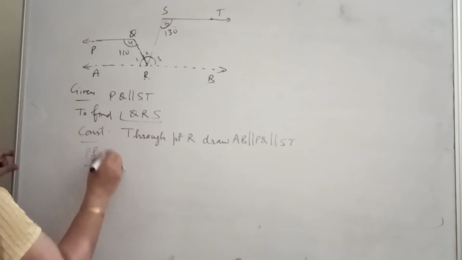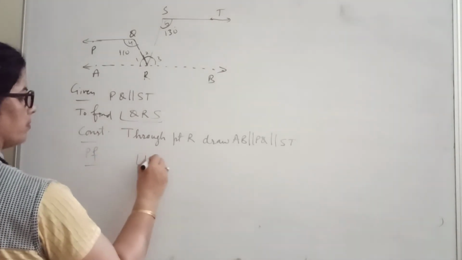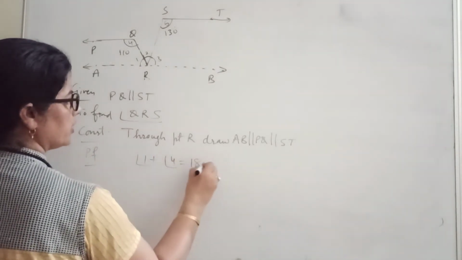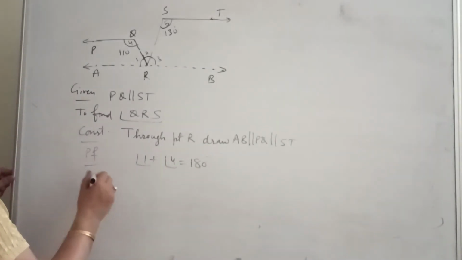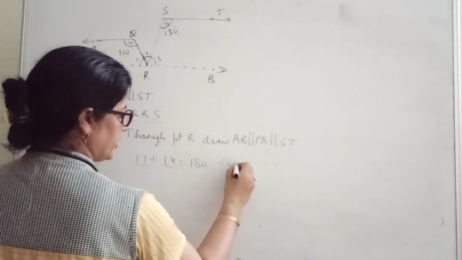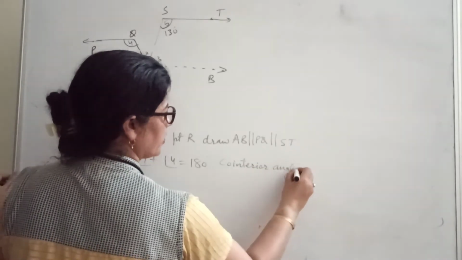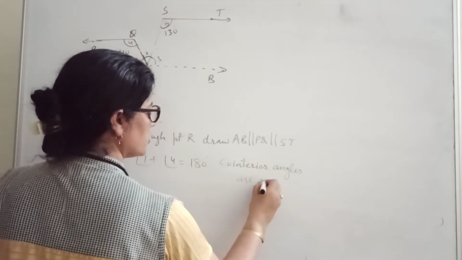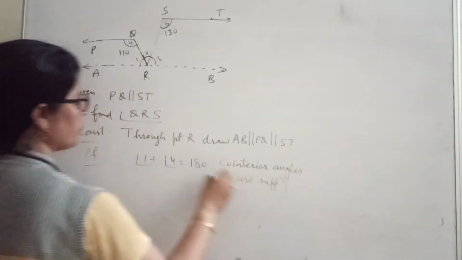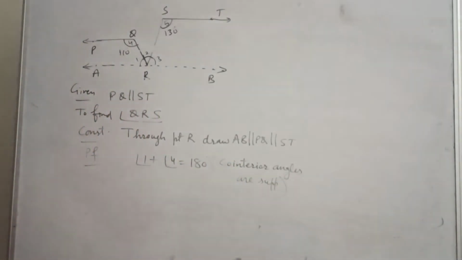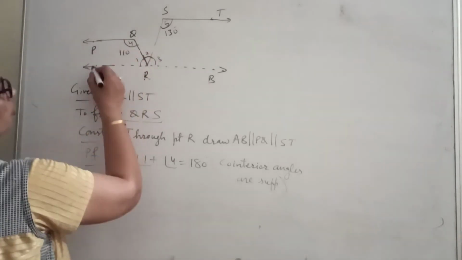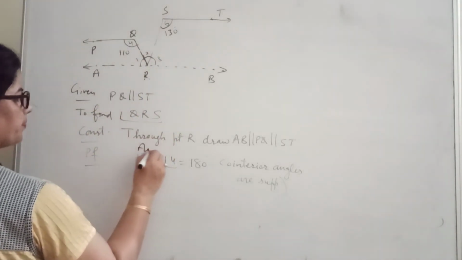Now see, these lines are parallel, this is transversal, so these co-interior angles will be supplementary. What we will write here? Angle 1 plus angle 4 is equal to 180 degree. Reason? Co-interior angles are supplementary. Or if you want to mention the parallel lines, then you can mention that also as PQ parallel to AB.